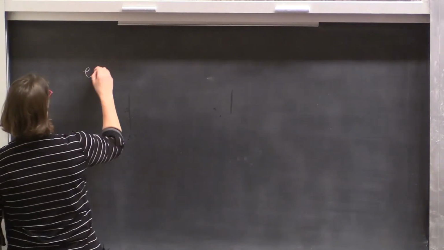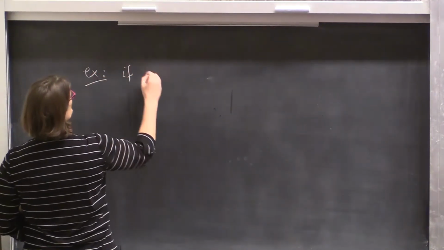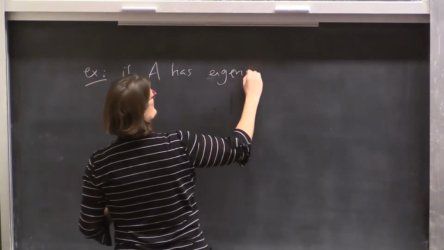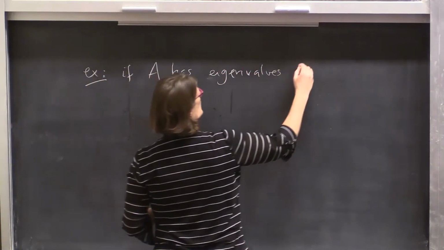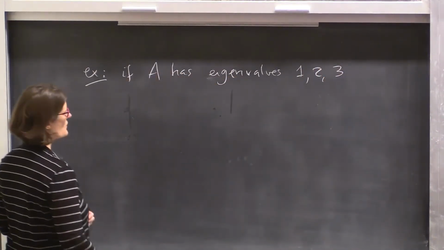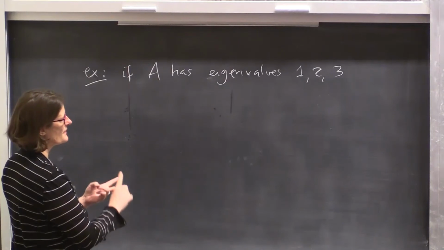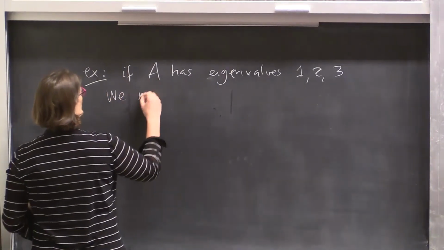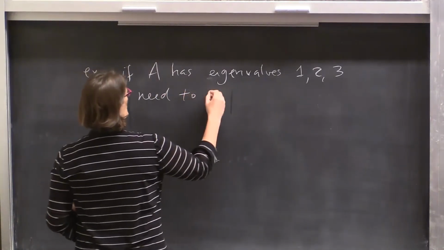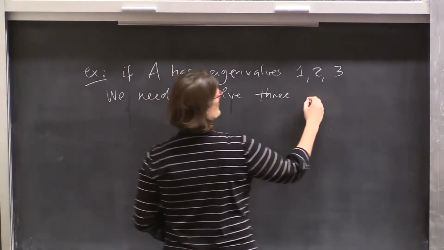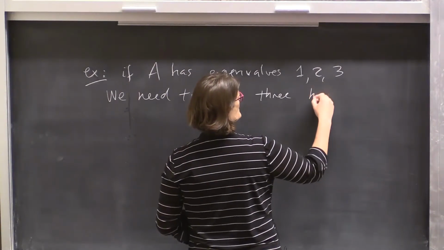So for example, if A has eigenvalues 1, 2, 3, so if the eigenvalues are lambda equals 1, lambda equals 2, lambda equals 3, we need to solve 3 homogeneous problems.